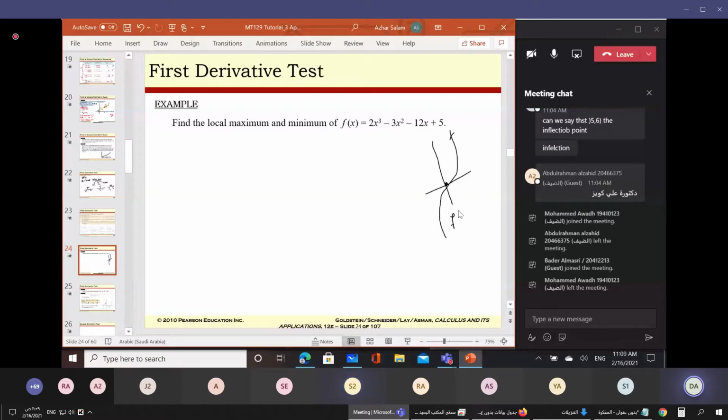If I have f dash of x, it will be 3x squared. When I find the zeros, x equals 0, right? But in the graph, I notice that it's increasing and increasing, though this is a critical point. So it has a critical point at x equal to 0, but it's neither maximum nor minimum. This is an example.